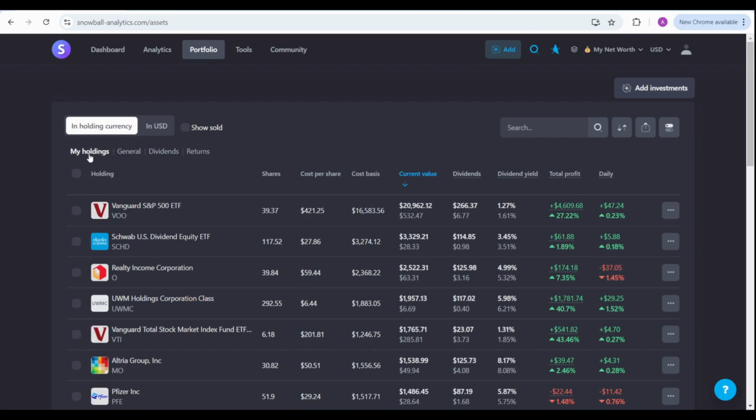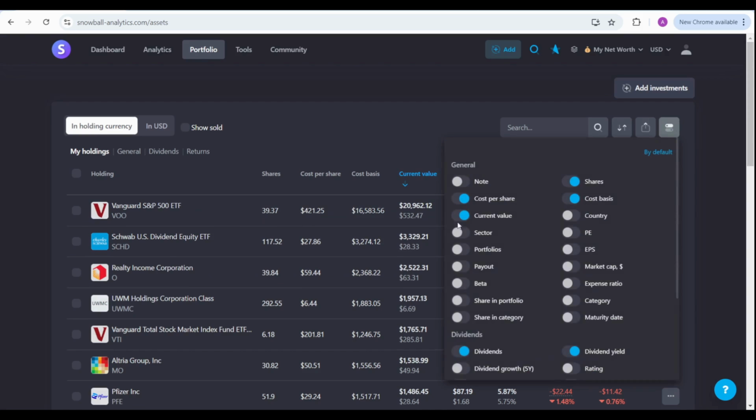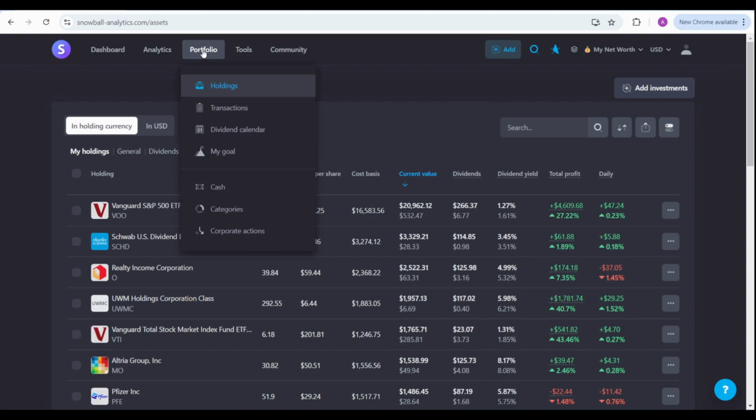Then you also just have the general holdings, which is kind of what we were just looking at before, but this one will show you the total profit and daily gains.